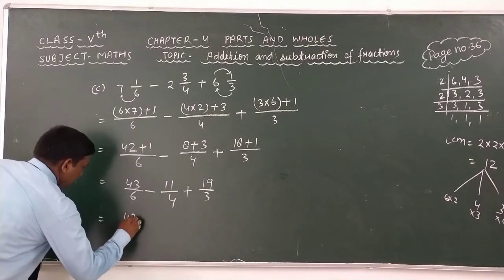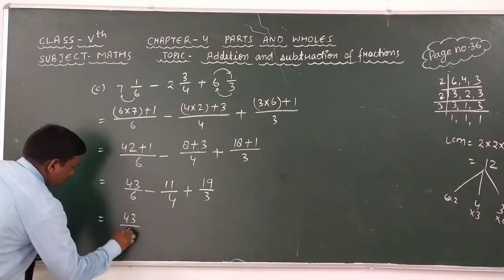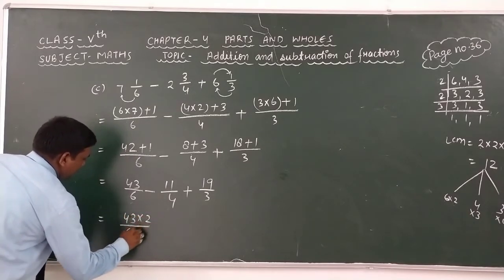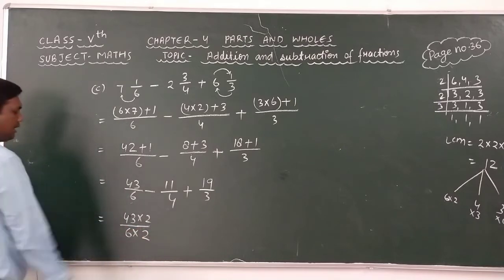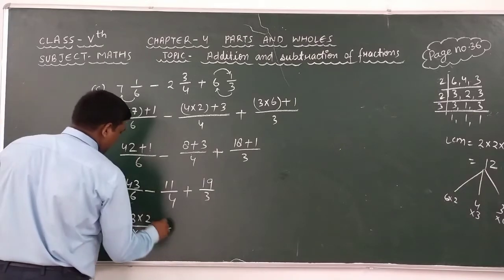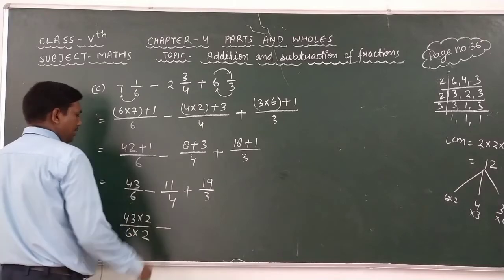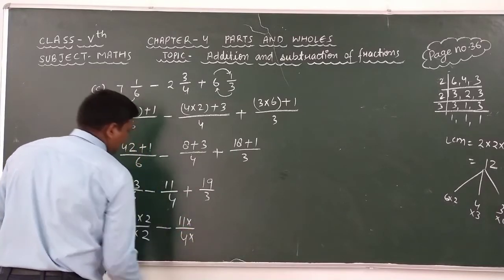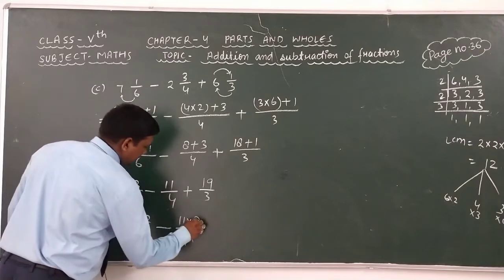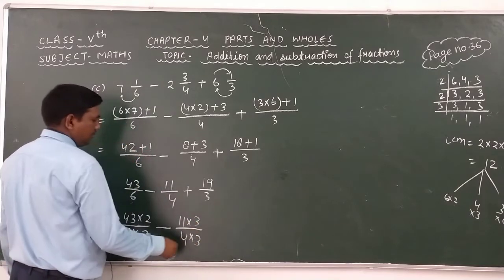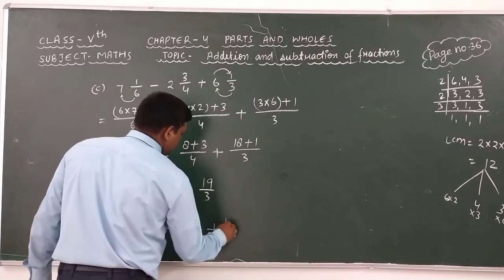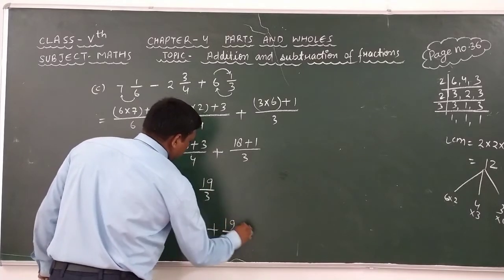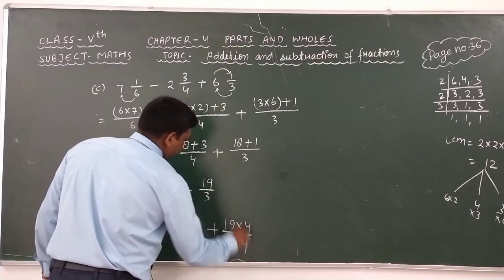Therefore we get 43 by 6. Here we have to multiply by 2 in numerator and denominator. Okay, for finding the same denominator, here given that 11 over 4, here we have to multiply by 3, 4 3s are 12. Okay, and in this fraction we have to multiply by 4.